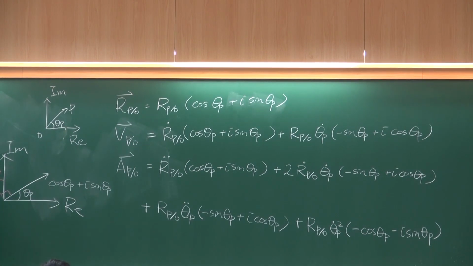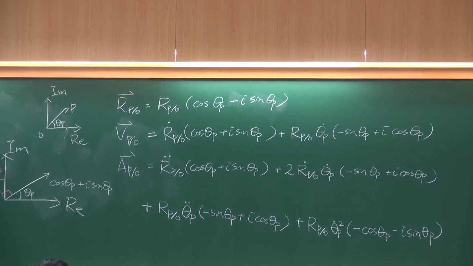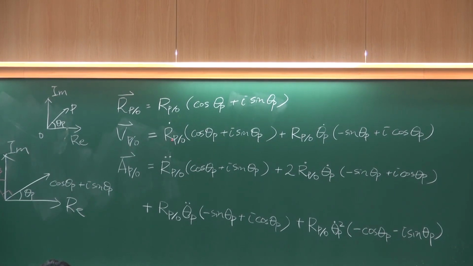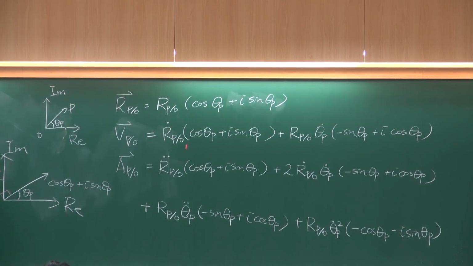So if we keep doing the time derivative of the velocity, we'll have so many terms in the acceleration. Here, you just do the differentiation for each term. The first term is r double dot in the p slash o direction, with cosine theta p i, sine theta p. We'll also have this 2 times term.